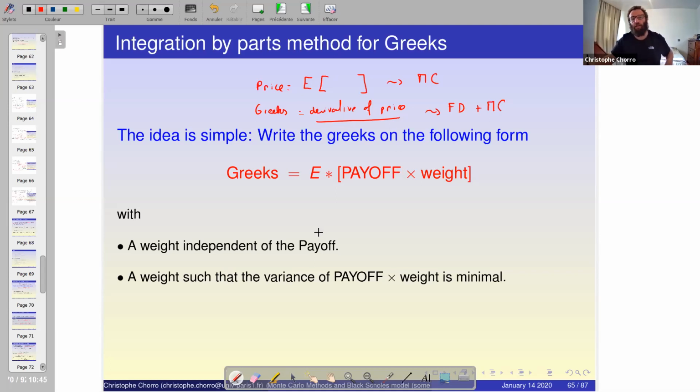So the idea is to write the Greeks this way. What we also want is that my weight is independent for a large family of payoffs. Typically, in the example we are going to see just after, the family of payoffs is of the form f of S capital T. And the weight we are going to obtain will be the same for all these payoffs, independent of f.